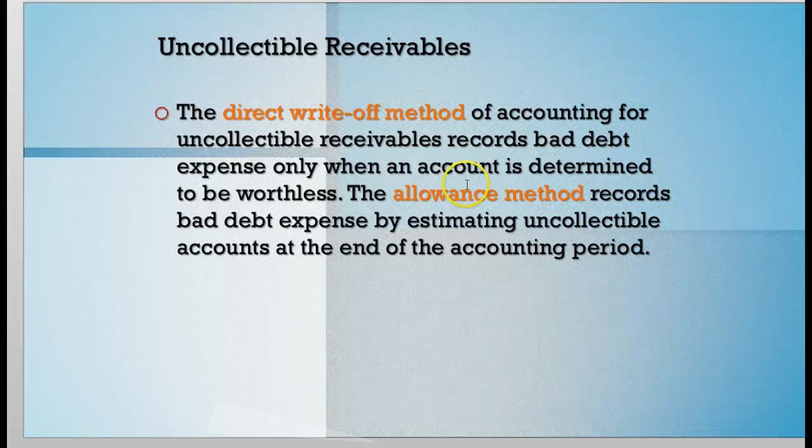The other way is called an allowance account, and this is much better as far as accounting principles are concerned, because this method looks at how much you have in accounts receivable, and you'll say, well, 2% of those are going to be bad. And it's 2% of a lump sum, so you're matching cost and expense with revenue, which is usually the method that's used.